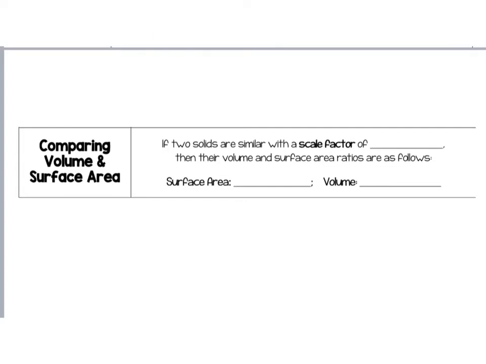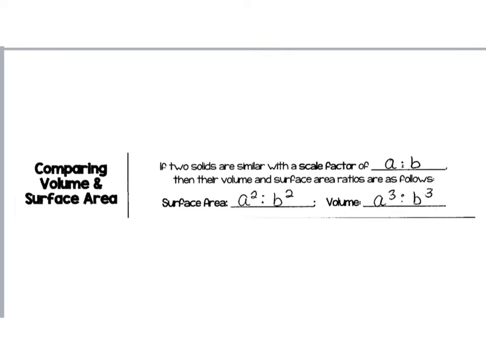Okay, we're going to talk about comparing volume and surface area. So when we talk about comparing volume and surface area, if two solids are similar with a scale factor of A to B, which is what we just checked out in the previous slides, height to height, radius to radius, circumference to circumference.